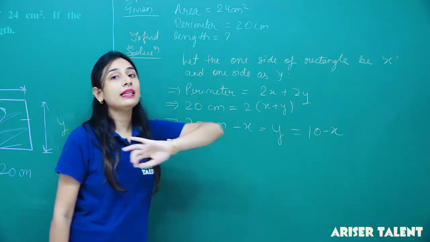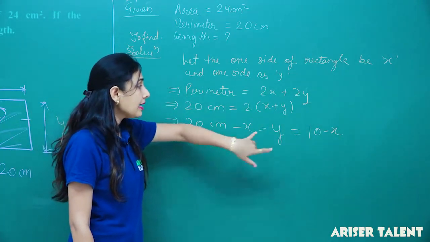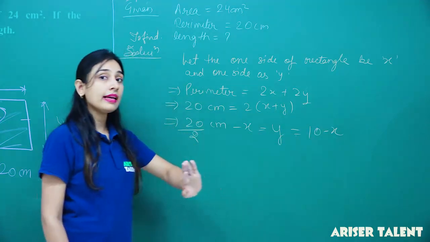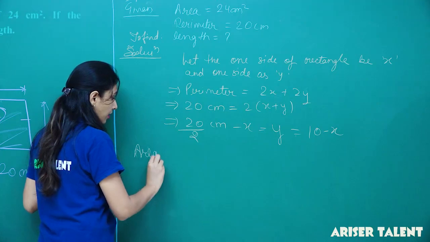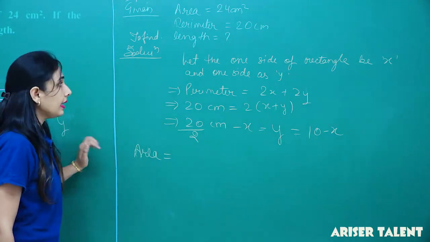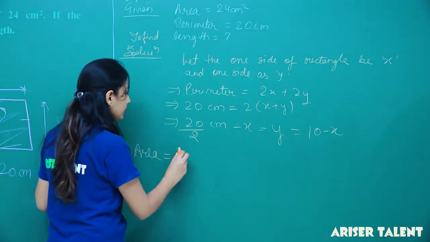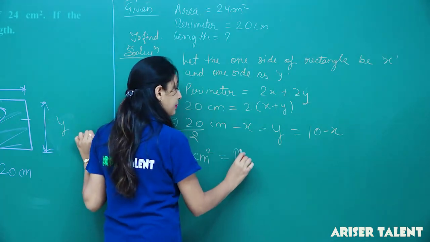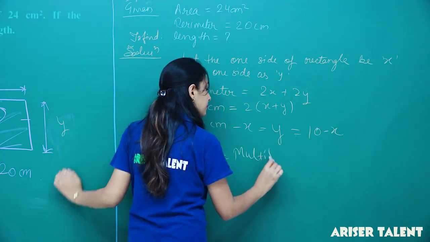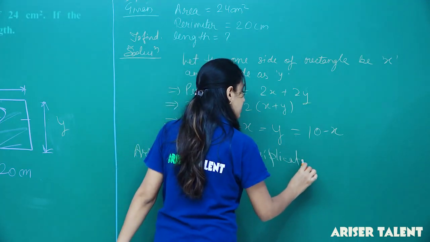So, y equals 10 minus x, right. And if y equals 10 minus x, that means area is equal to what, 24 centimeter square equals multiplication of sides.